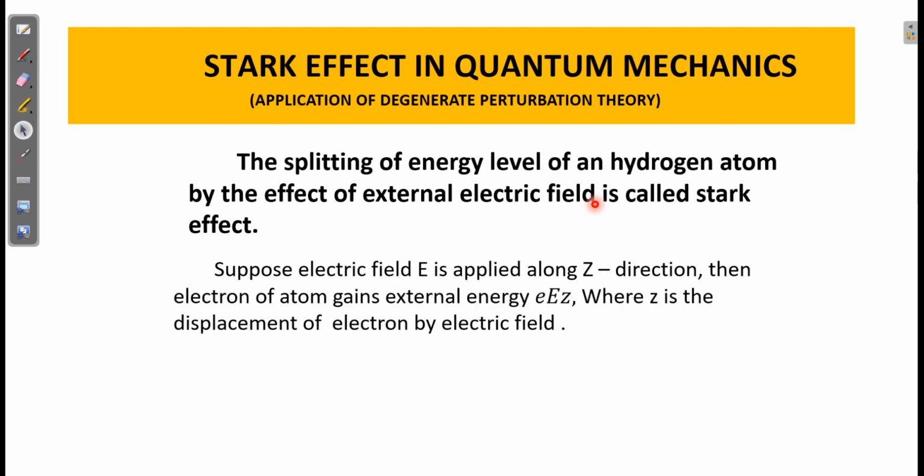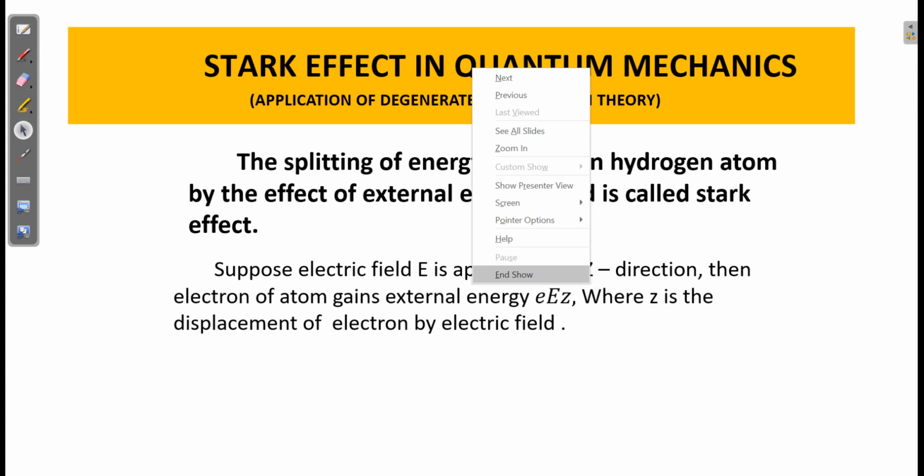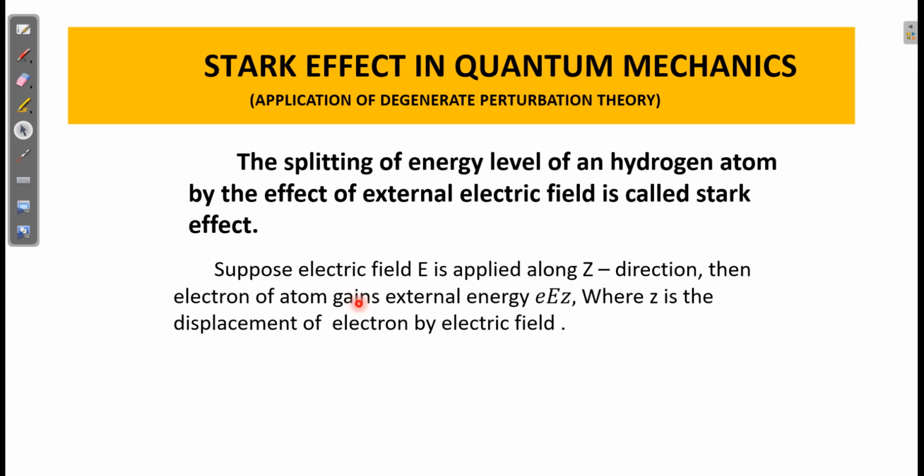Suppose a hydrogen atom is kept in an electric field with intensity E applied along the z direction. Then the electron of the hydrogen atom gains external energy eEz, where E is the intensity of the electric field and z is the displacement suffered by the electron due to the effect of the electric field.